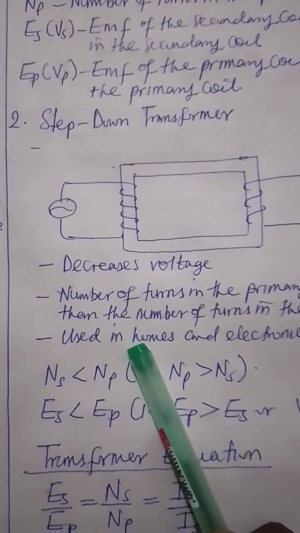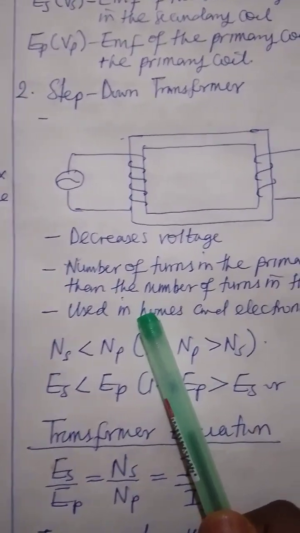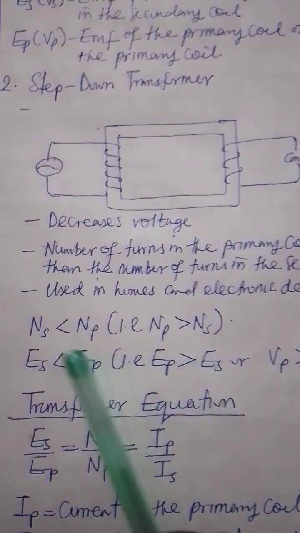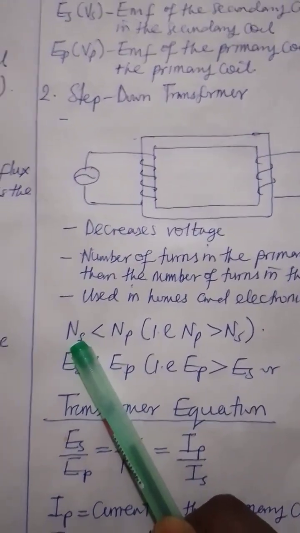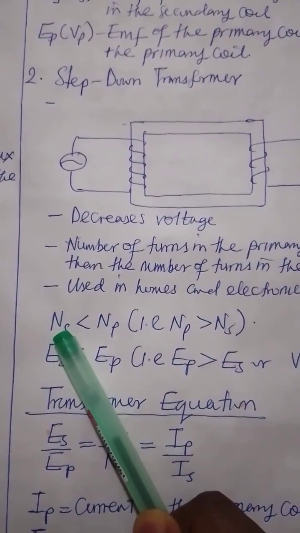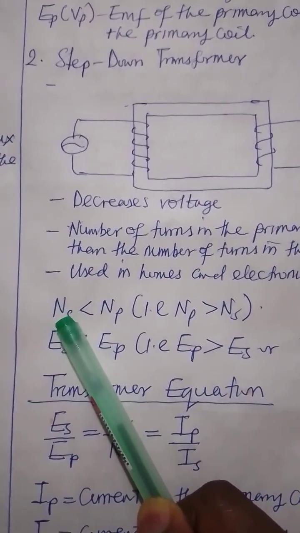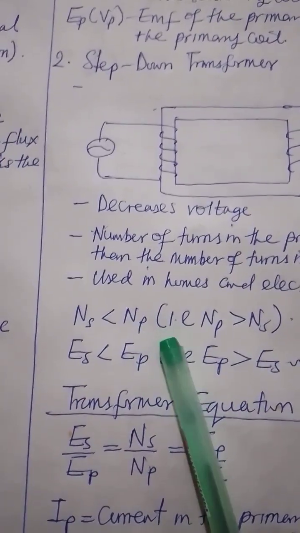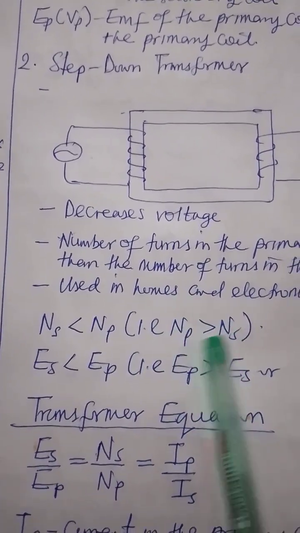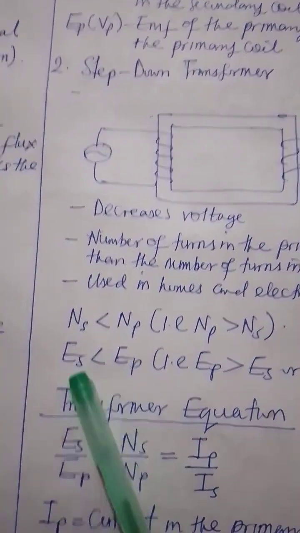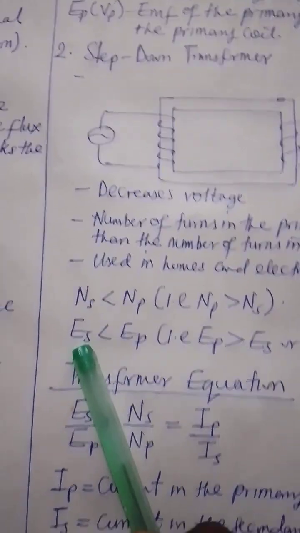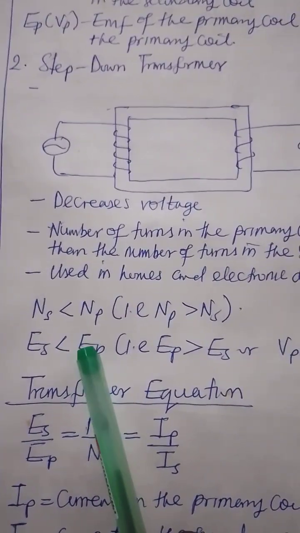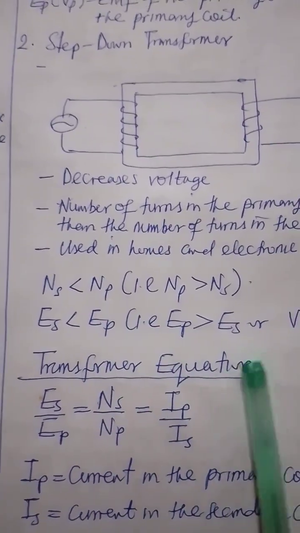This type of transformer, that is the step-down transformer, is used in homes and electronic devices. So we can say that the number of turns in the secondary coil, NS, is less than the number of turns in the primary coil, NP. That is, NP is greater than NS. The EMF, that is the voltage in the secondary coil, is less than the voltage in the primary coil.